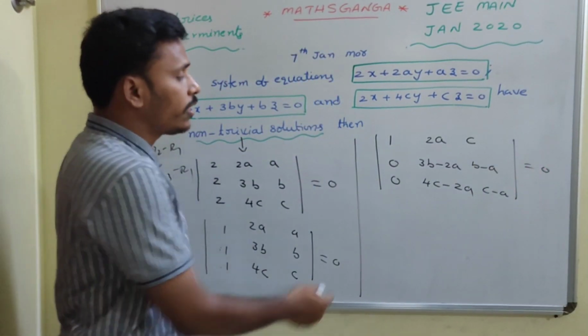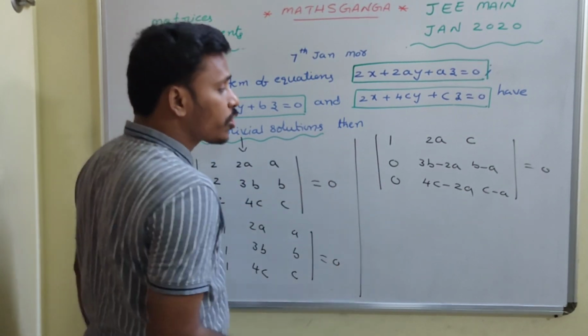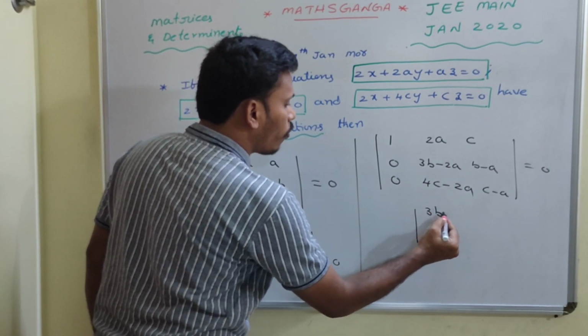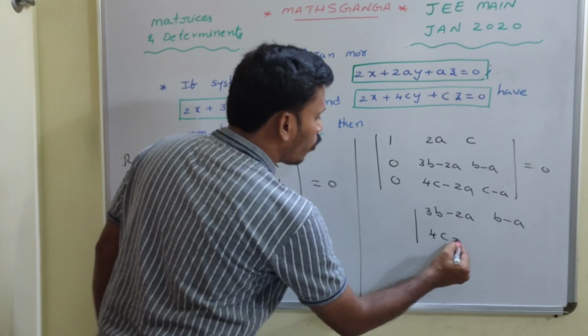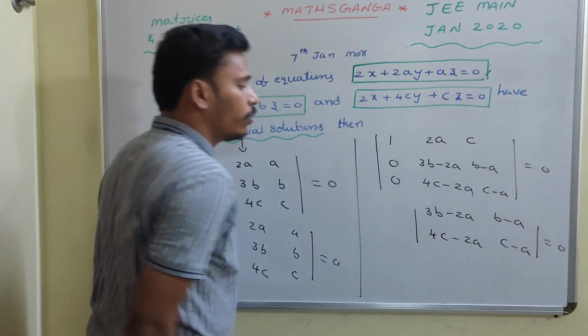From there it is very clear that this column contains 1, 0, 0 in the next step. So 1 into this determinant is the answer. So the determinant of 3b minus 2a, b minus a, 4c minus 2a, c minus a is equal to 0.